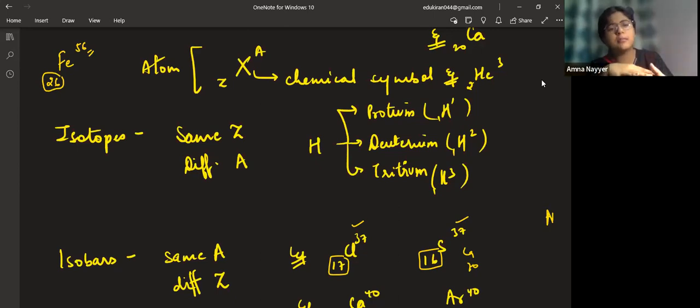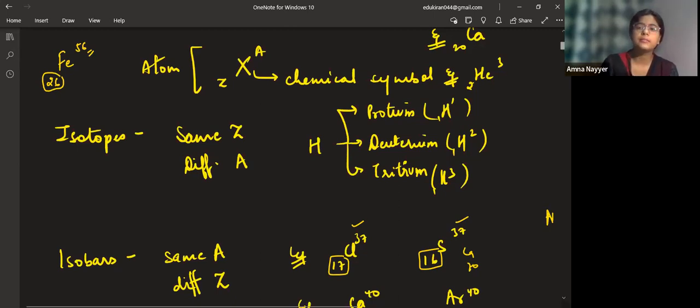Approximately the mass number that chlorine and sulfur possess is around 37. One isotope of chlorine that is present is Cl35 as well, so that one we won't take, but chlorine 37 we'll take with sulfur. Sulfur's atomic number is 16 and chlorine's is 17. So different Z, but same A.